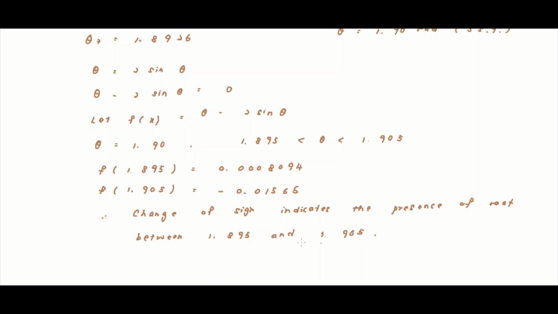Okay, and hence all the value that is available within this interval, when we try to round it into three significant figure, it will always give me theta equals to 1.90 radian. Alright, so with this answer, now we are going to solve for the last part, which is the C.